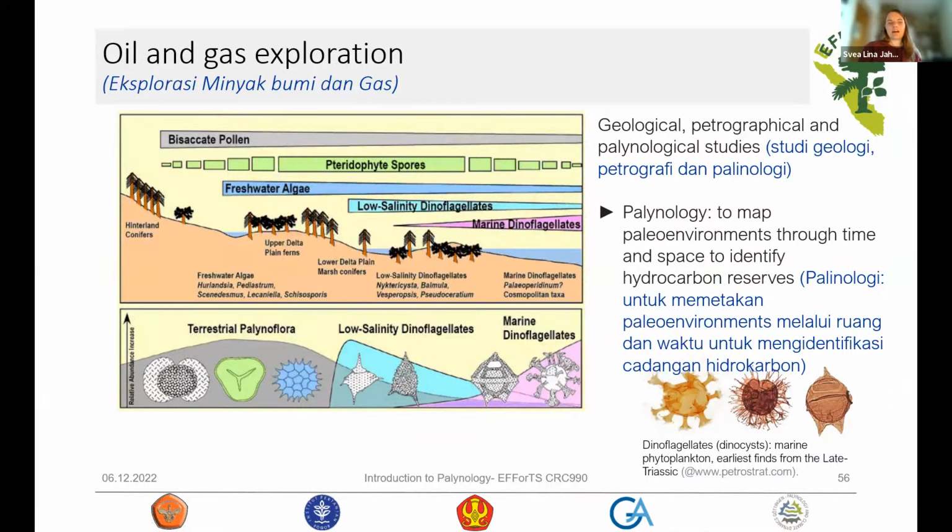So gas deposits or oil deposits can be found like this, and palynology is here used to map these environments through time and also through space.